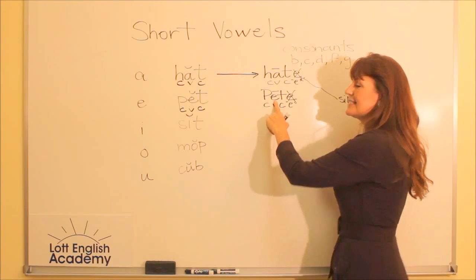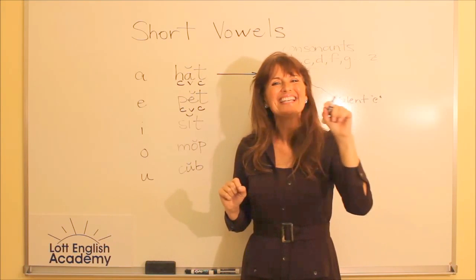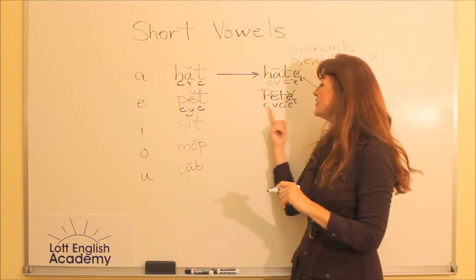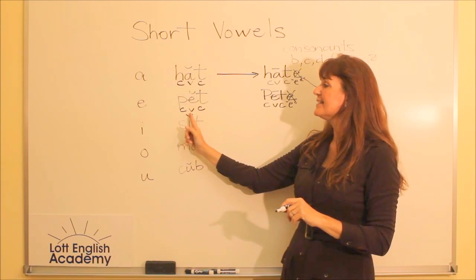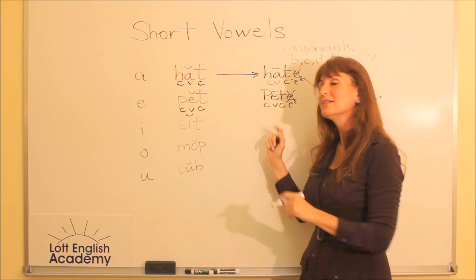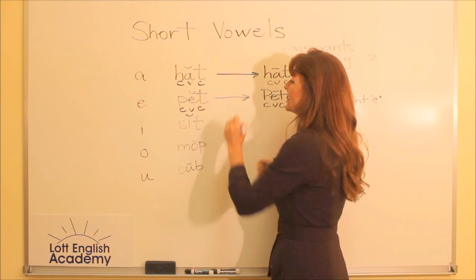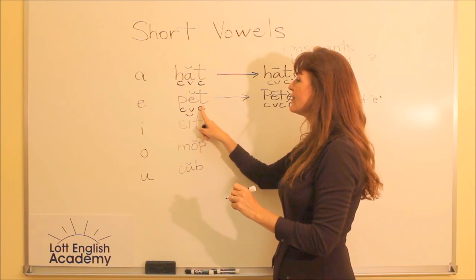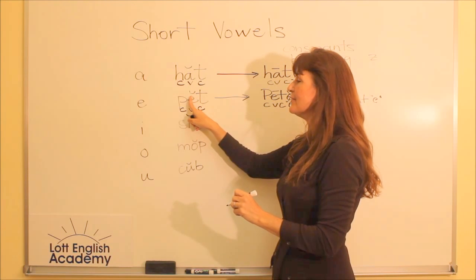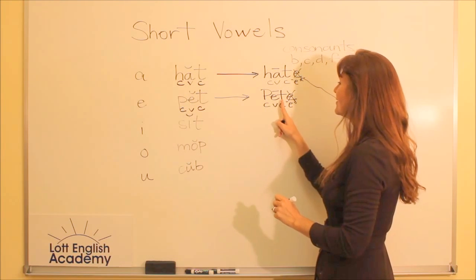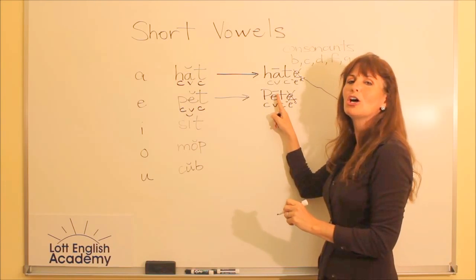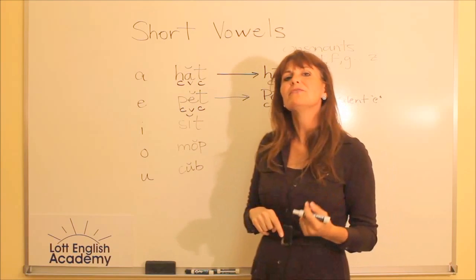This E is now E, long E, and this word changes from pet to Pete. So the pattern here is consonant, vowel, consonant, short sound, consonant, vowel, consonant plus E, long sound, which we learned in a previous video.